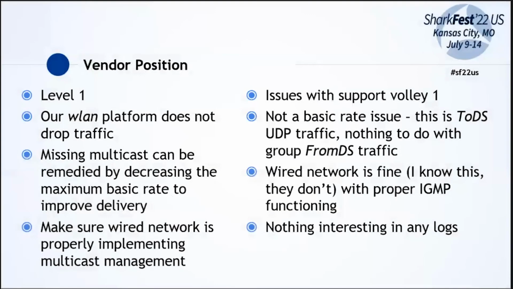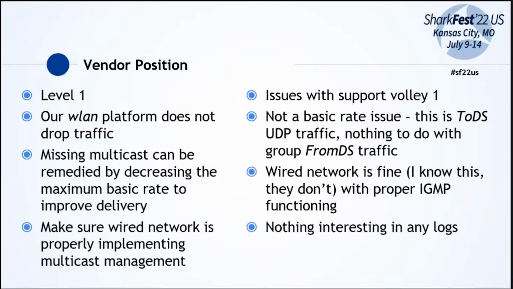Let's call the vendor. So level one: our WLAN platform doesn't drop traffic. Of course it doesn't, right? You've got millions of installations all around the world. That's fine. You make millions of access points a year. Okay. Missing multicast can be remedied by decreasing the maximum basic rate. Go do that and try it. No, not relevant here. And of course, well, your wired network's broken.